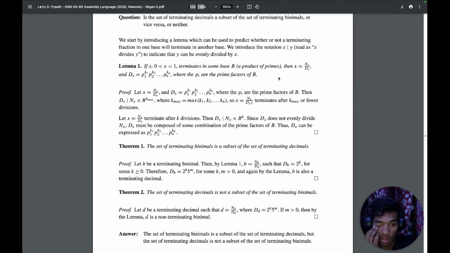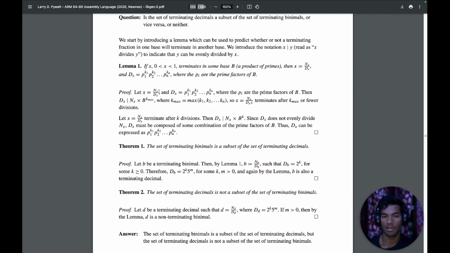If it is 6, its prime factors are 2 and 3. If it is 8, its prime factor is 2, and if it is 15, then its prime factors are 3 and 5. Then x equals numerator divided by denominator, where dx is this. Okay, proof.